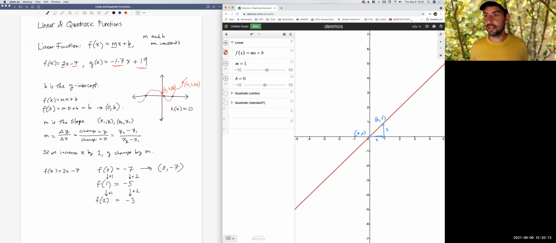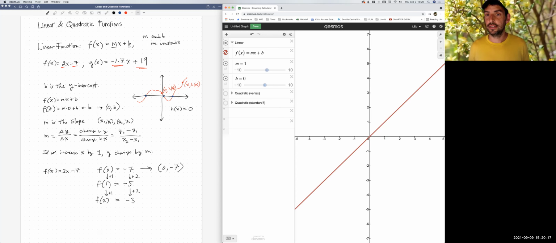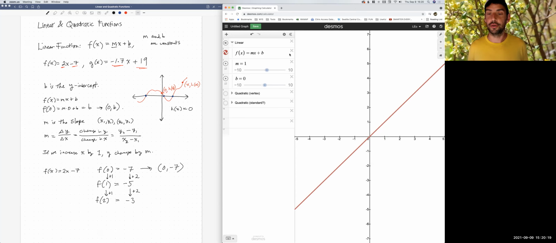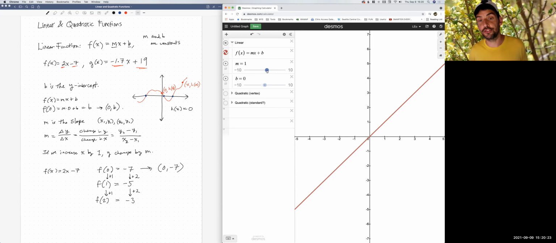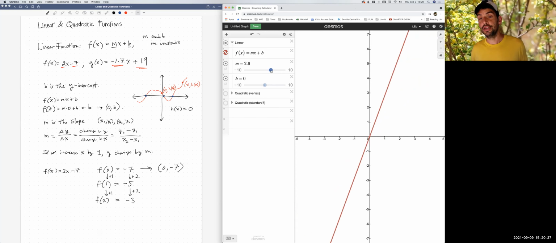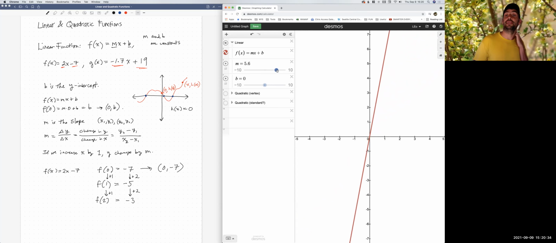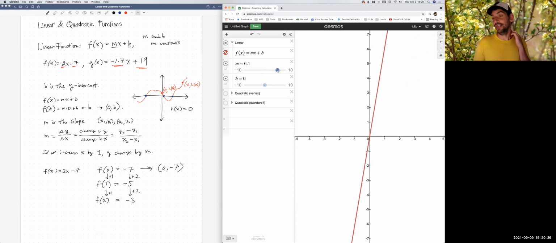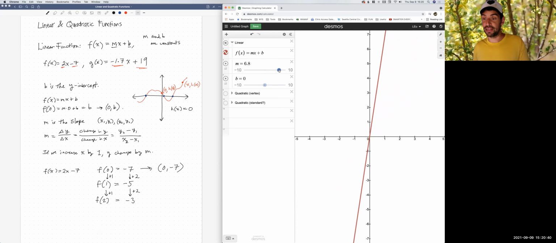All right, so let's get an idea of what happens when we change these values. So here's my m at 1. If I increase m, what do I mean? I mean an increase in x leads to a larger change in y, right? We get a steeper line, increasing x by 1 instead of increasing y by 1, now increases it by 6.8.